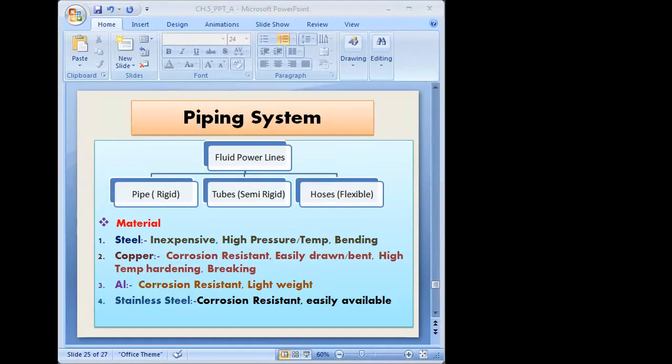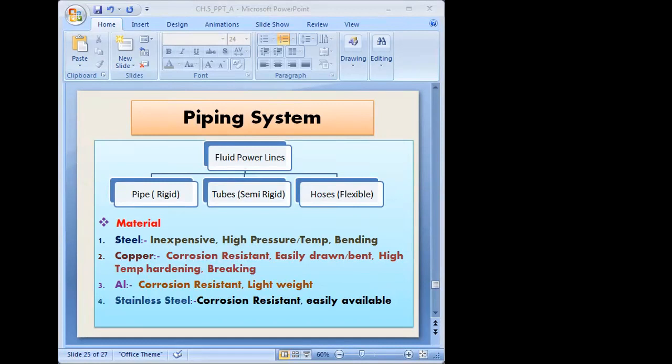Along with the piping system of the fluid line, fittings are also very important, that means the pipe fittings or other fitting parts. These fittings are used to connect your fluid line to your power source, and again to connect the power source to your point of application. For that purpose, pipe fittings and fluid lines are very important.